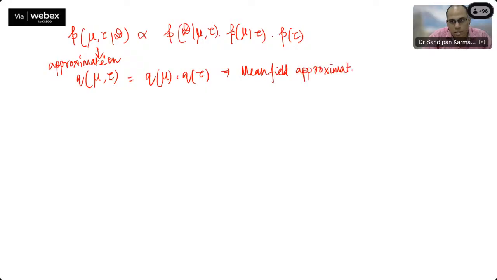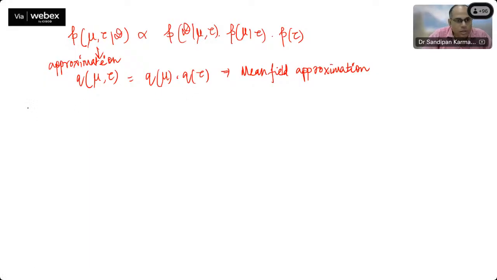I think it was explained in the last class. Can anybody please confirm? So we are factorizing the joint posterior into the individual posteriors.